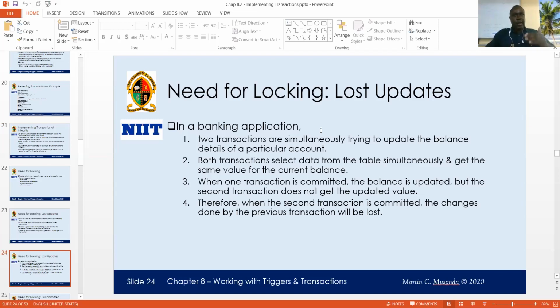Now, remember, a transaction is a series of statements, which will start with begin transact and will end with commit transact or rollback transact. So the first statement in that transaction will be maybe a select statement with a condition to find that account, and the results are going to be used in the next statement.